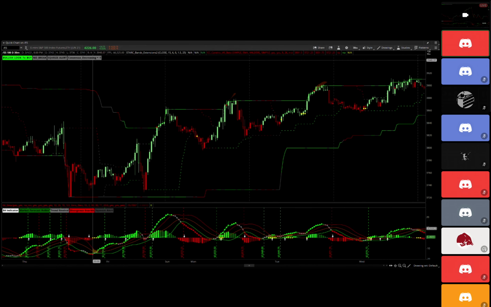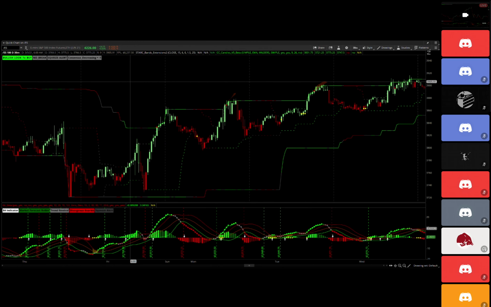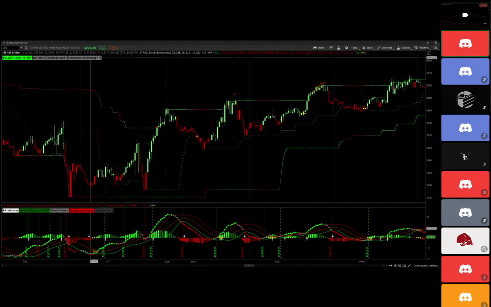The other thing that I'm watching for here is overbought or oversold indications, and that's when it's turning either red or green. Those pieces of information, whether it's increasing or decreasing, and whether it is oversold or overbought, are the things that I am personally looking at on this.